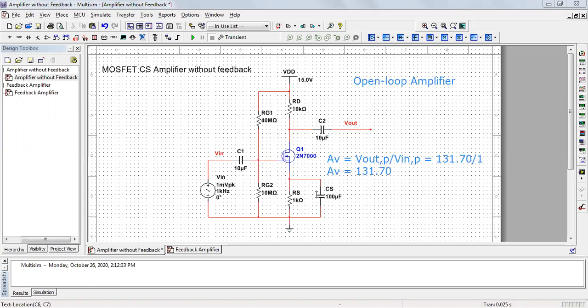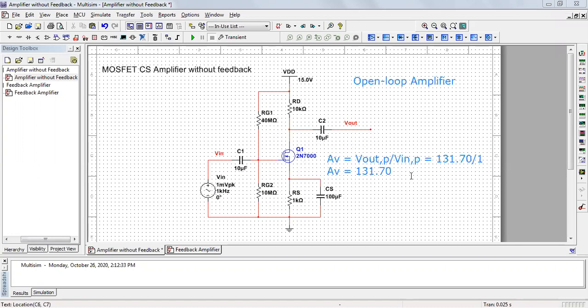In most of the cases we use an amplifier with feedback. Already an amplifier with positive feedback we have studied in the last experiment, that is the oscillator. So an oscillator is an amplifier with positive feedback.